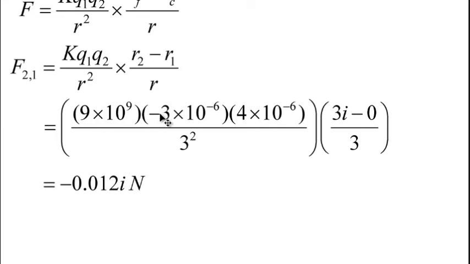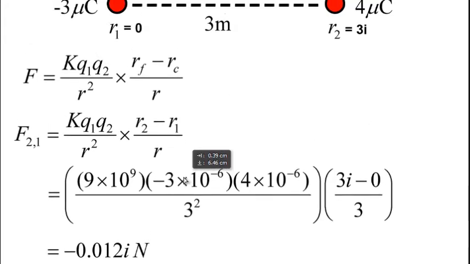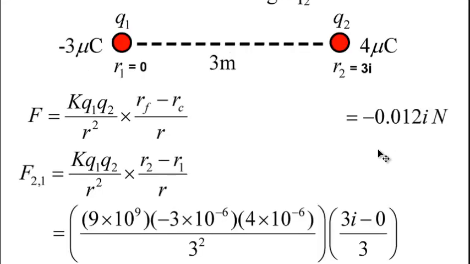If we notice, we did not ignore the negative sign because we are looking for the vector force. So anytime we're looking for the vector force, we do not ignore the signs. We notice that the force on Q2 due to Q1 is going to be an attractive force because Q1 is a negative charge, Q2 is a positive charge, and they have to attract.